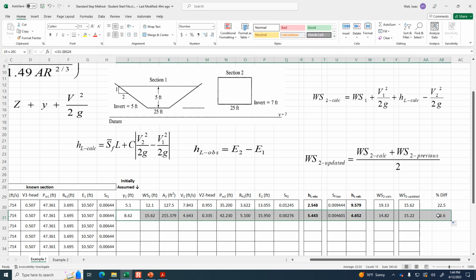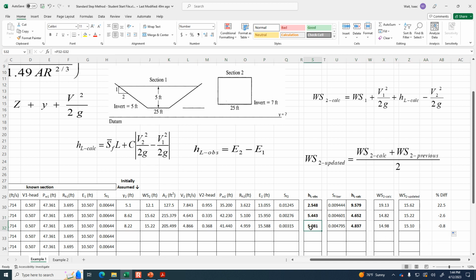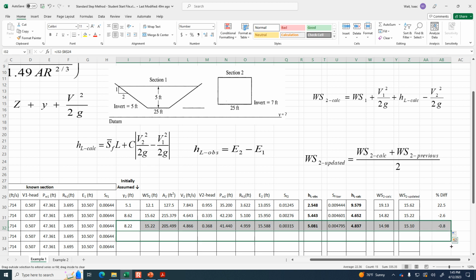So if you calculate everything for the next row, we're down below 1%, but the observed and the calculated head loss, we could do better. If you look at the depths, it says it's 8.22 feet. The last one was 8.62. I think it's good for us to continue iterating until the depth is no longer changing. Even if the percent difference is less than 1, let's aim higher.